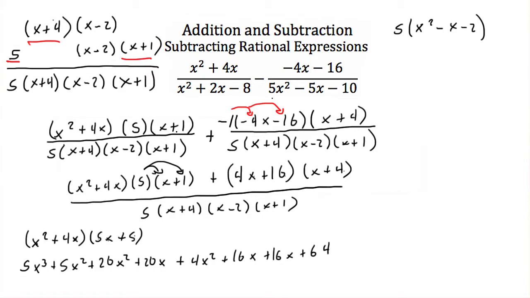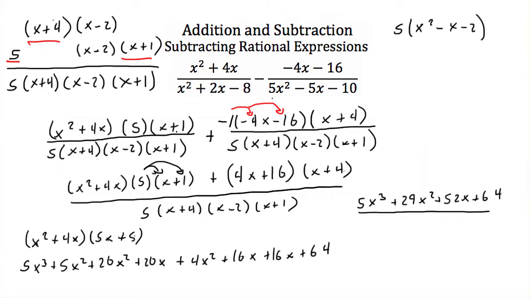Now I need to add like terms. I only have one cubed term, so we're going to have 5x cubed. We have a 5x squared, a 20x squared, that's 25x squared, plus 4x squared, that's 29x squared. We have a 20x, a 16x, and another 16x. 16 plus 16 would be 32, plus 20 would be 52x, and then plus 64.